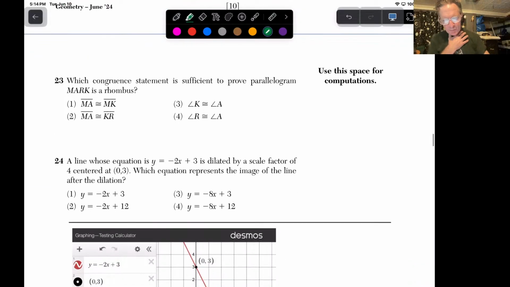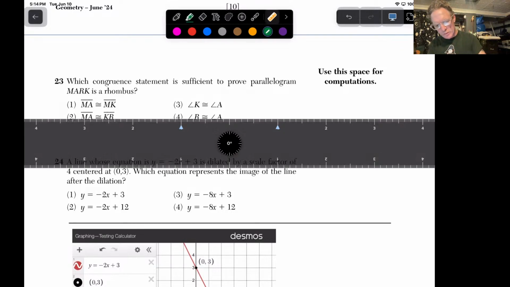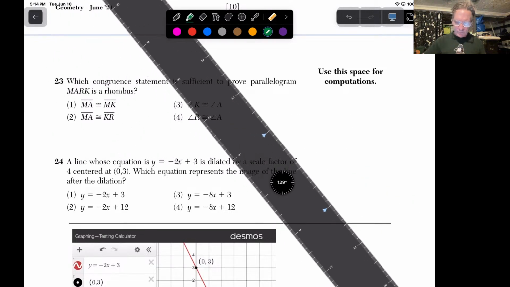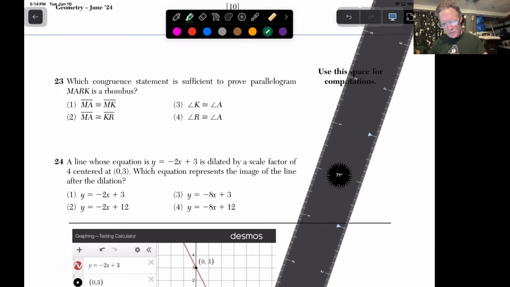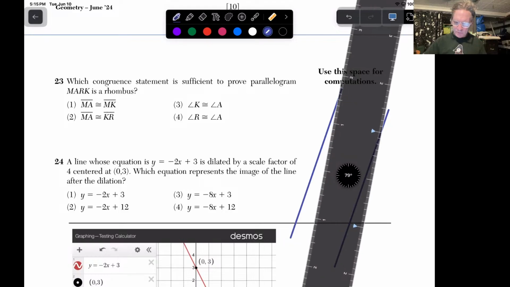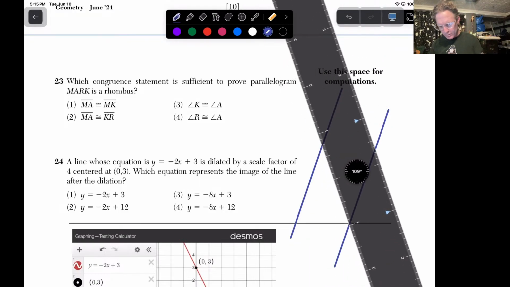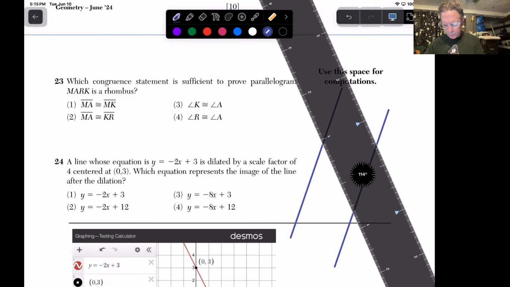Rhombus mark. By the way, I'm going to show you a little trick. How do you draw a really cool rhombus? Get a ruler. What color is mark? I'll say mark is blue. Draw 2 lines on either side of the ruler. Turn your ruler, a little more.